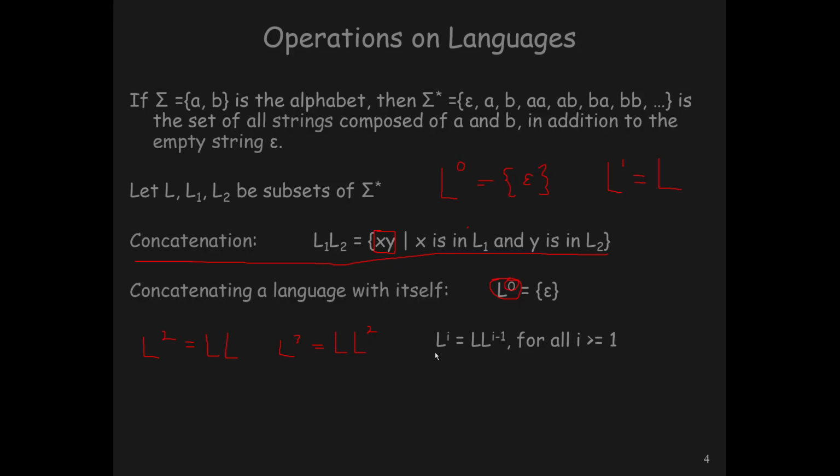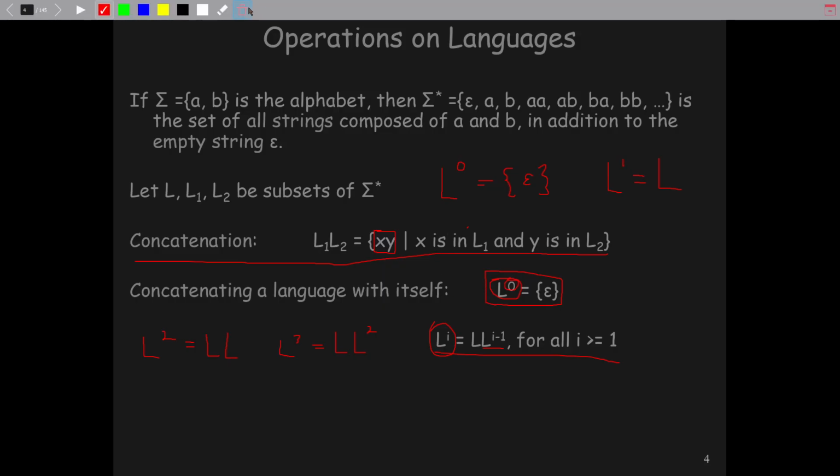So this is a recursive definition where L to the ith power is the concatenation of L with L to the i minus 1 power, okay? And the base case is L to the 0 being the language containing only the empty string.